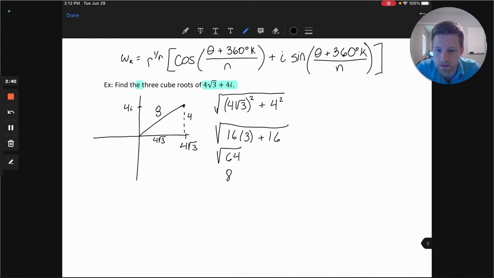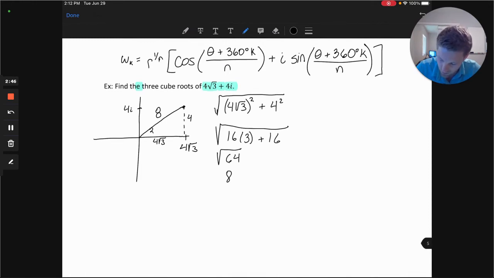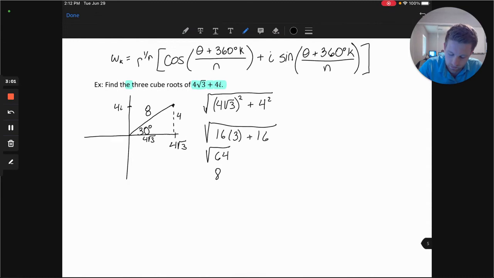So this in fact is the ratios of a 30, 60, 90 triangle, where we have a 30-degree angle as our argument, and the modulus r is equal to 8. So let's rewrite this in trigonometric form.